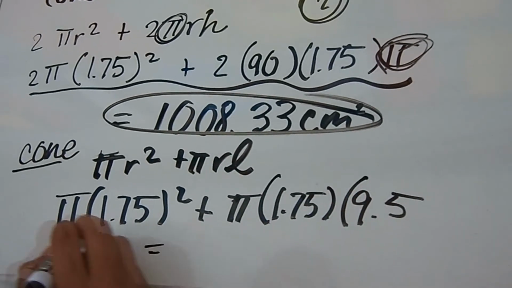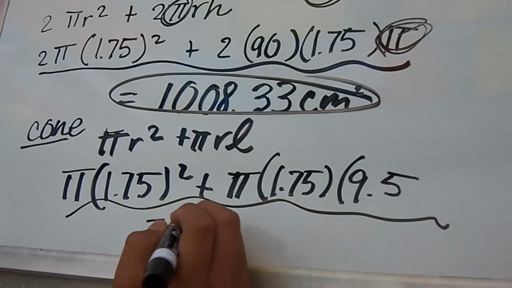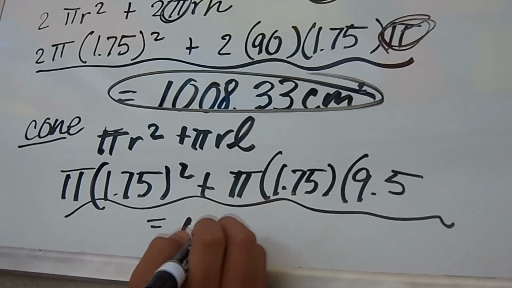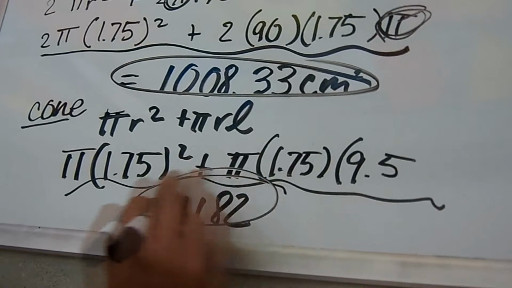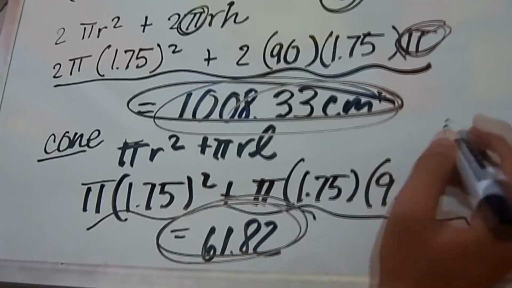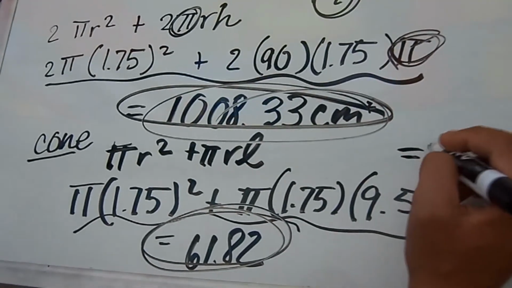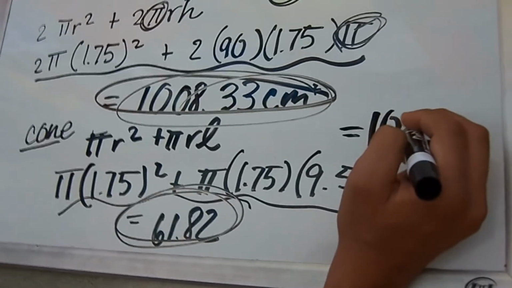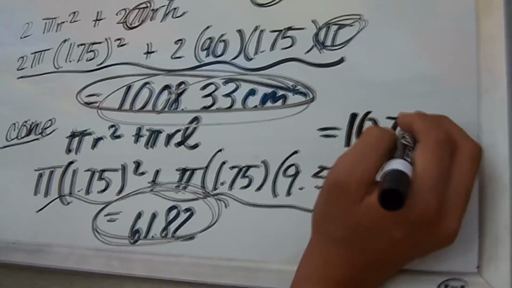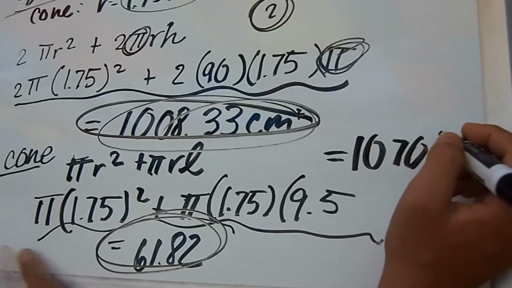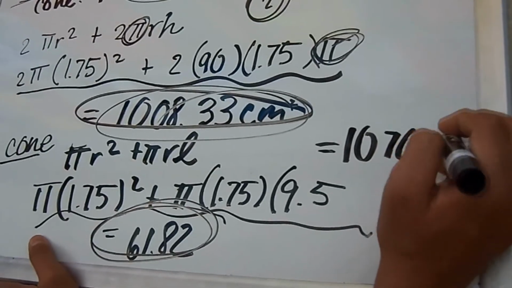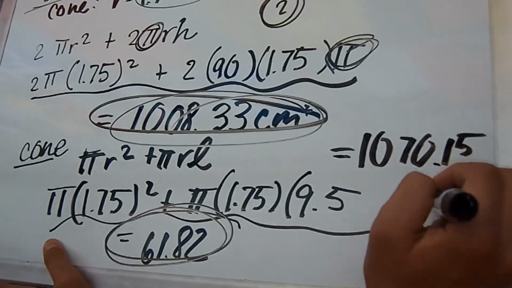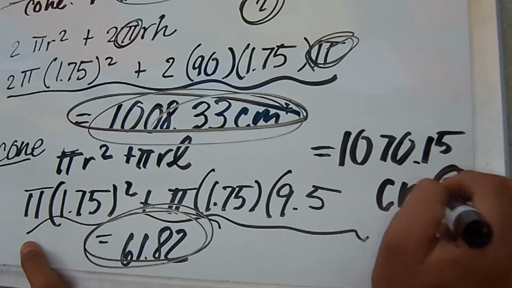You plug that all into your calculator and you get a rounded answer of 61.82. When you add this answer and this answer together, you get a total surface area of 1,070.15 centimeters squared. Never forget your units.